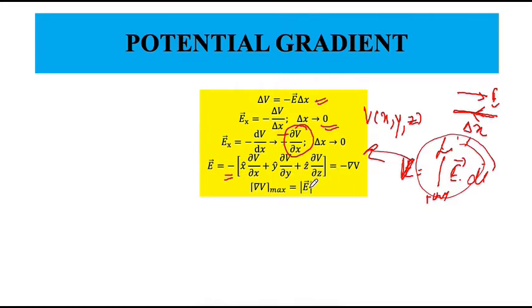The quantity sitting on the right hand side is more commonly expressed as minus gradient of V, where gradient is an operator defined as x hat del by del x plus y hat del by del y plus z hat del by del z. Why am I saying that gradient is an operator? Because if I write this alone, it has no meaning.